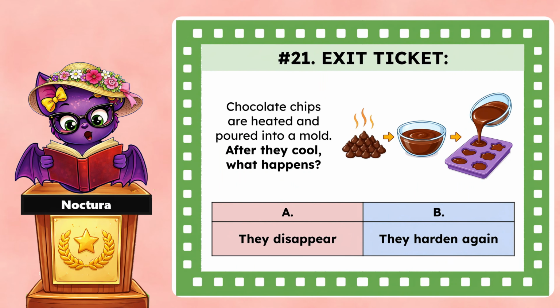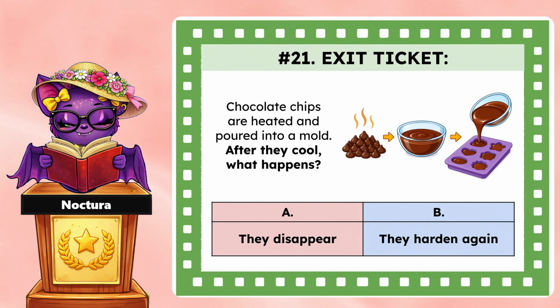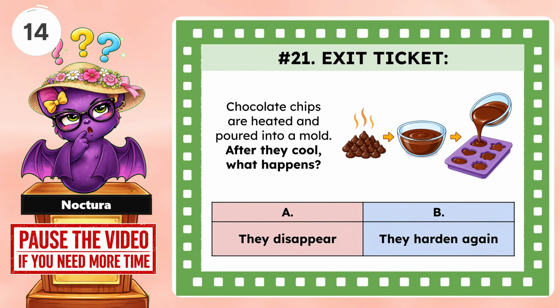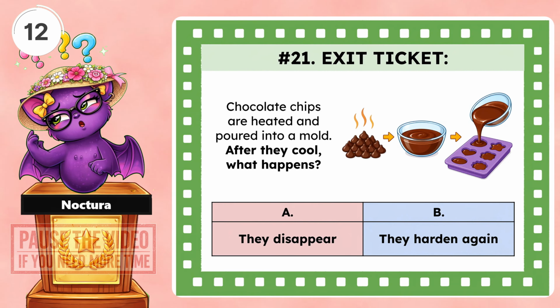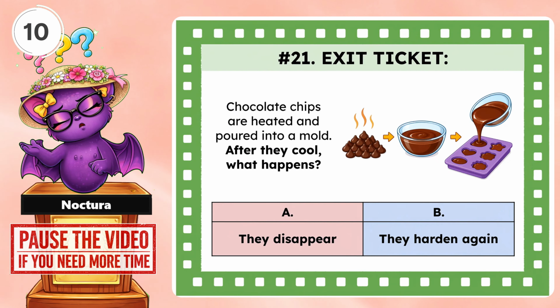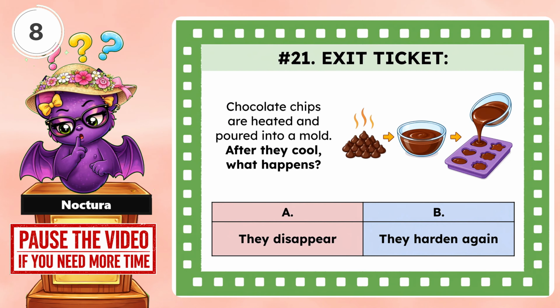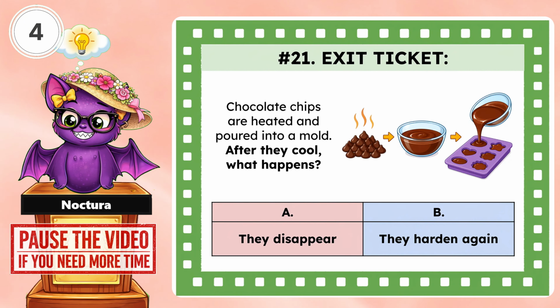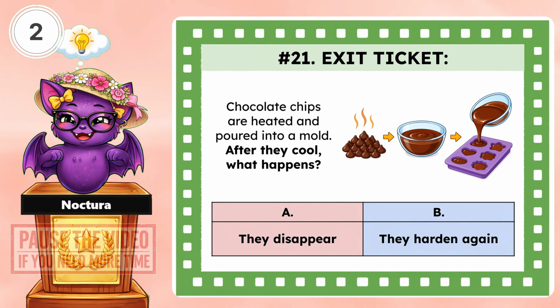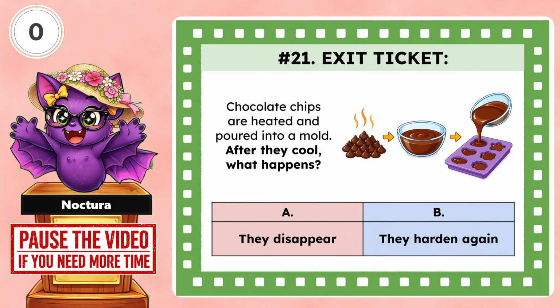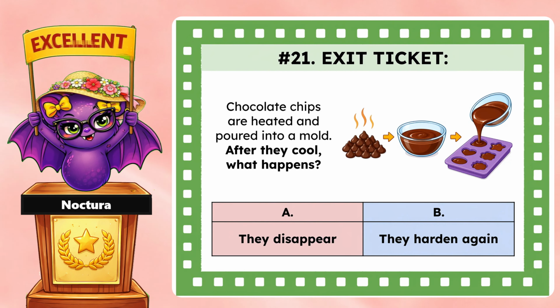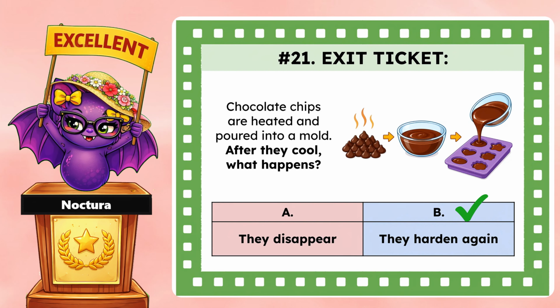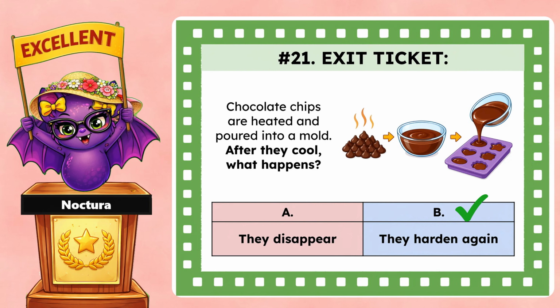Chocolate chips are heated and poured into a mold. After they cool, what happens? And the correct answer is letter B. They harden again.